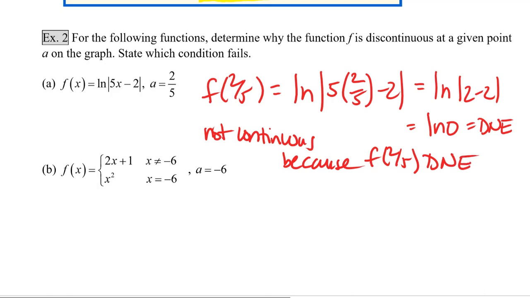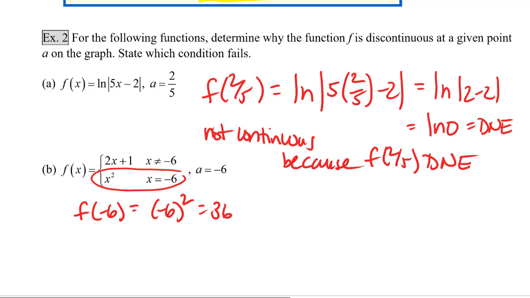Part B, f of x equals 2x plus 1 when x doesn't equal -6, or x squared when x equals -6. And we want to see if this is continuous when a is equal to -6. So we'll start by evaluating f of a, or f of -6. Well, that means I'm going to plug it into this part of the piecewise function, and that's going to be -6 squared, which is equal to 36. And then next I want to see what the limit as x approaches -6 of f of x is equal to.